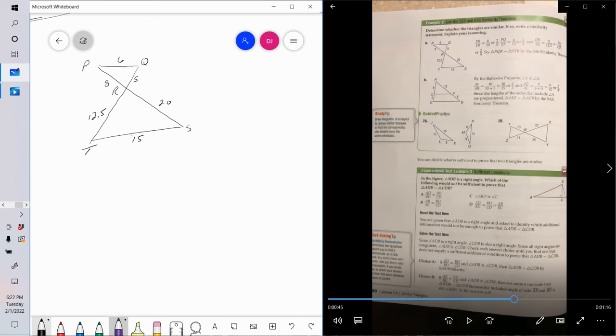We do know that those two angles are congruent to each other. Now, what I'm wondering is, what if we were to find the ratio of RS over RQ and compare that? Okay, so that's going to be RS over RQ. Let's compare that to RT over PR.